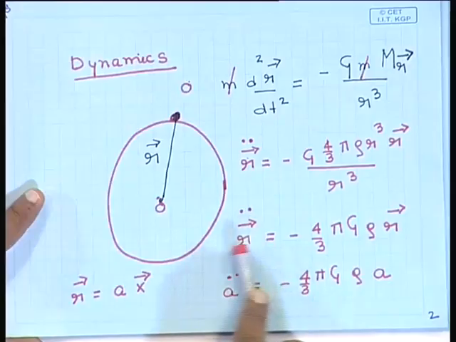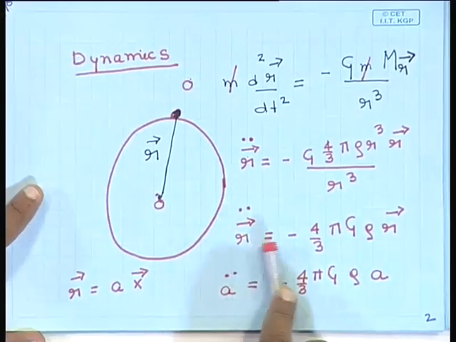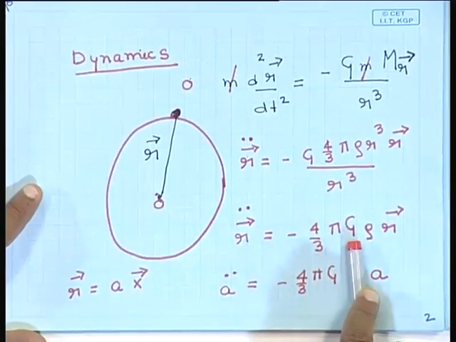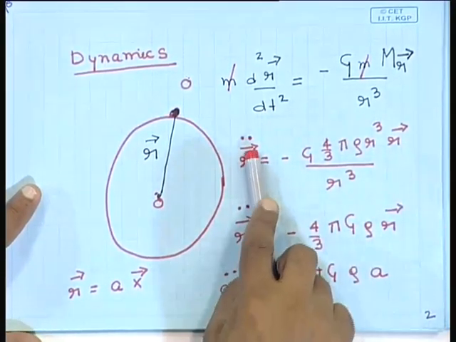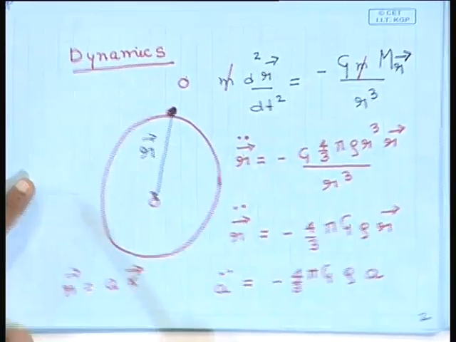Let us just remember, the acceleration is minus 4/3 pi g rho into r. This comes from just Newton's 1 by r square law. Now, there is a modification, and let me write down the correct one.